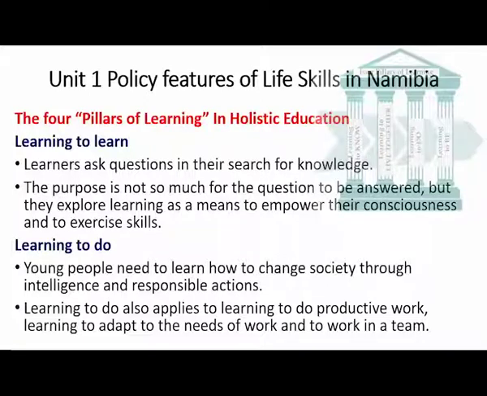The next pillar is learning to do. Once they know what is learning to learn, what they can learn, then they learn to do. Now they learn to do things. Young people need to learn how to change society through intelligence and responsible actions.